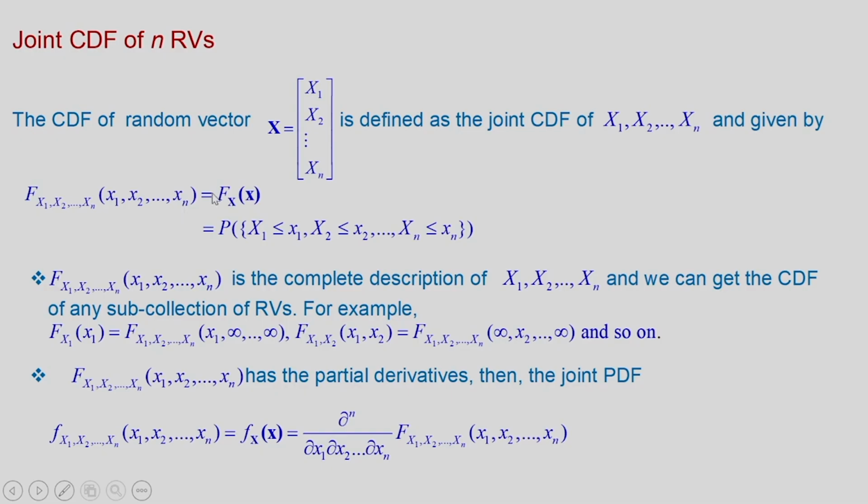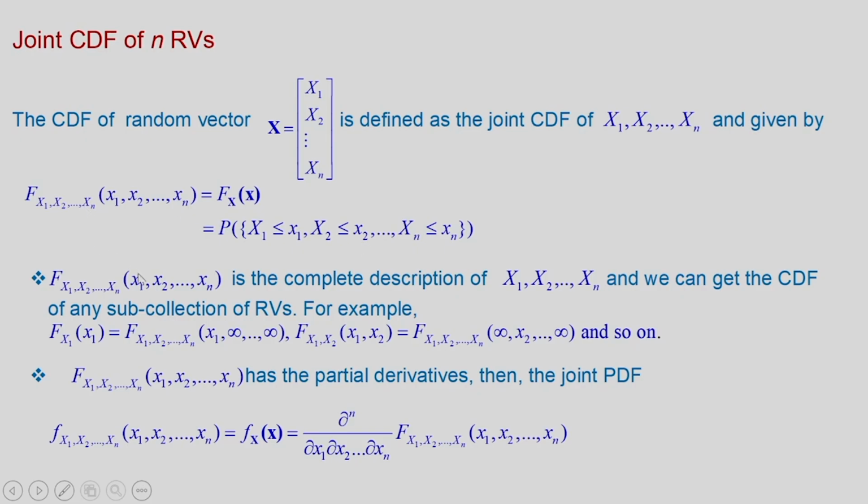By definition, this is the probability that X1 is less than or equal to small x1, X2 is less than or equal to small x2, and up to Xn is less than or equal to small xn. This is the joint event, and the probability of this joint event is the joint CDF.